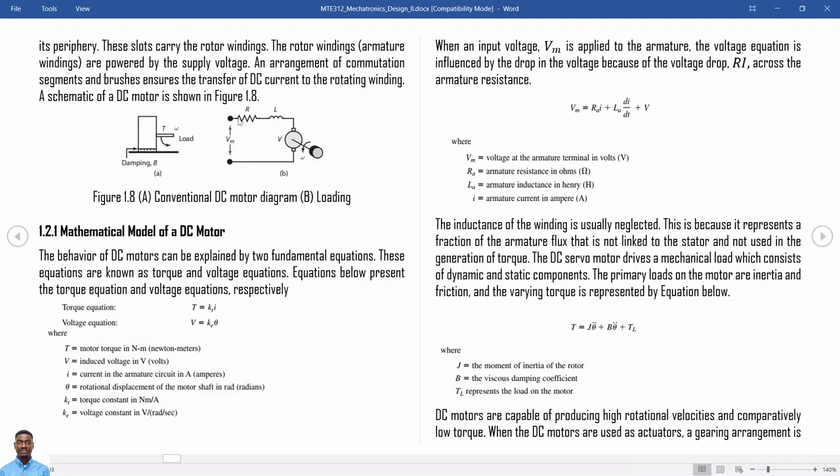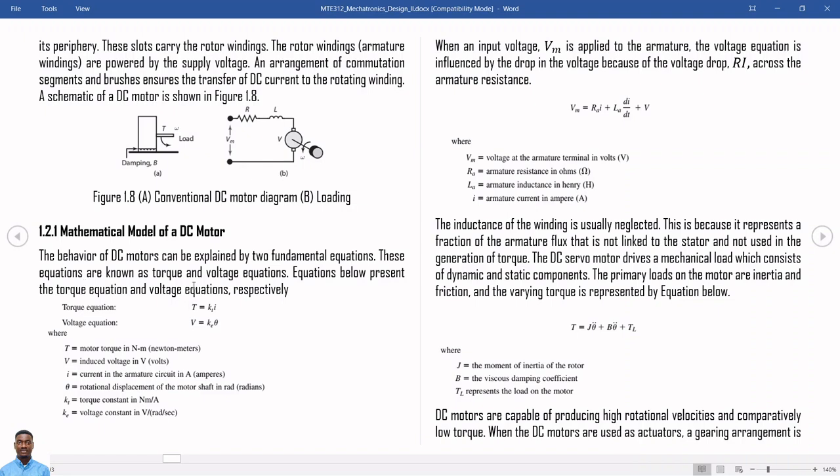Your VM is applied to your armature, and that voltage will drop across this RL circuit, and your V here is your voltage over your motor itself, and this is the load here, and this is the angular velocity omega.